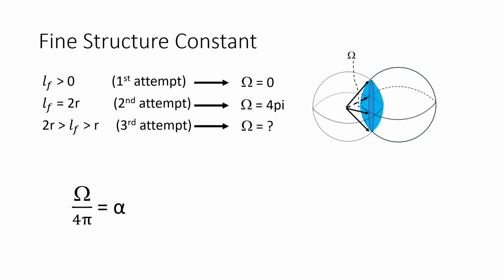Thus, we can think of omega over 4 pi as representing a ratio that ranges from 0 to 1. As a suggestive hint, both omega and 4 pi are solid angles, so their ratio represents a dimensionless quantity. More to the point though, the fine structure constant is defined as a dimensionless constant that quantifies the strength of the electromagnetic interaction between elementary charged particles.